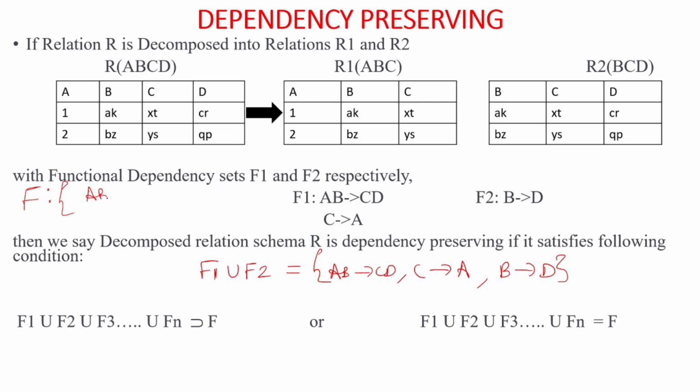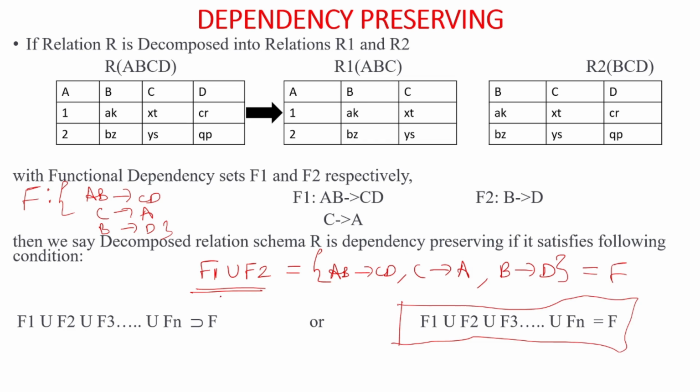That is AB tends to CD, C tends to A, and B tends to D. So when you take the union of F1 and F2, you get the original functional dependency set F. That is the condition. It should be equal to F or it should be greater than F. After the union, your answer should be greater than the functional dependency set F, or it should be equal. In our case, it is equal because we are getting the same three functional dependencies when we take the union, which are there in the original set F.